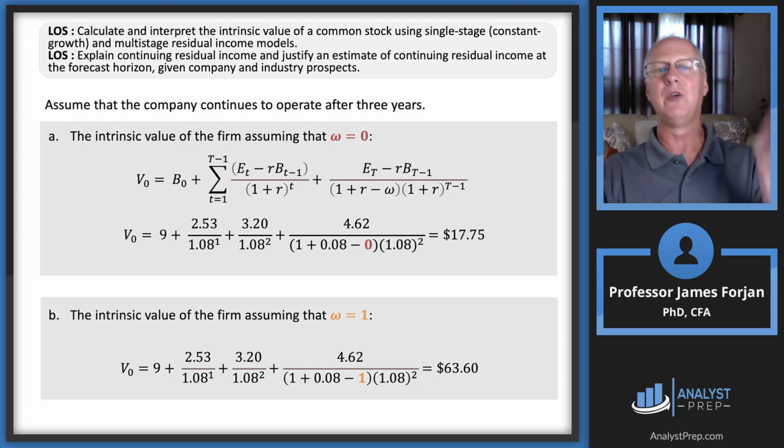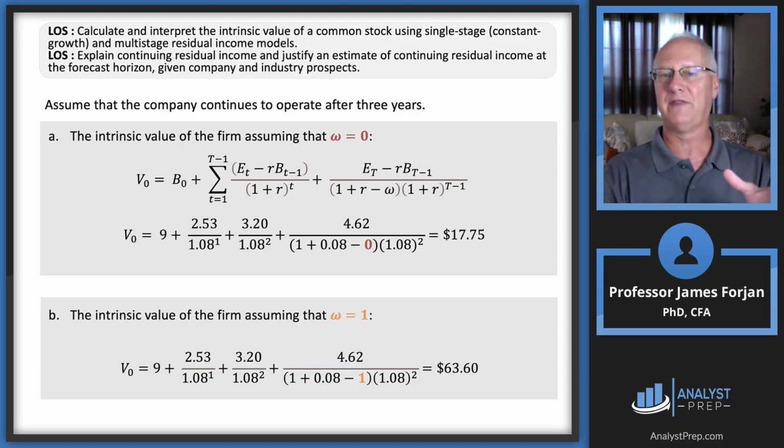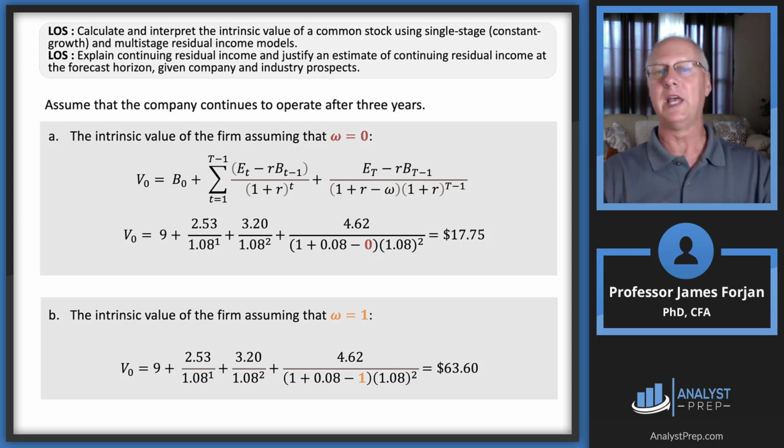Now we use this persistence factor model. We impose that same assumption by making the persistence factor 0, and we come up with that same 1775. So I want you to think about this. This 1775 is kind of like the minimum intrinsic value. That's what a persistence factor of 0 means.